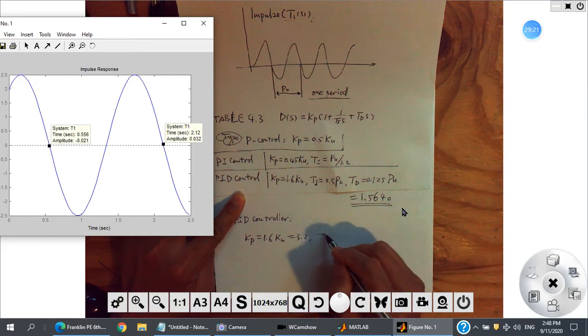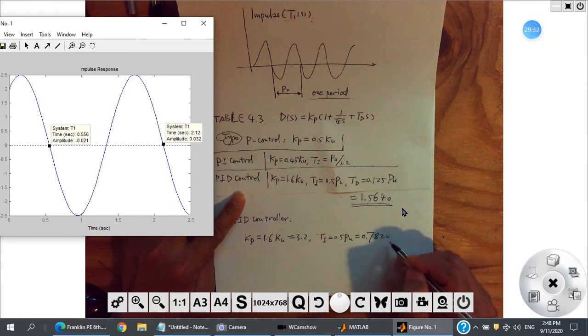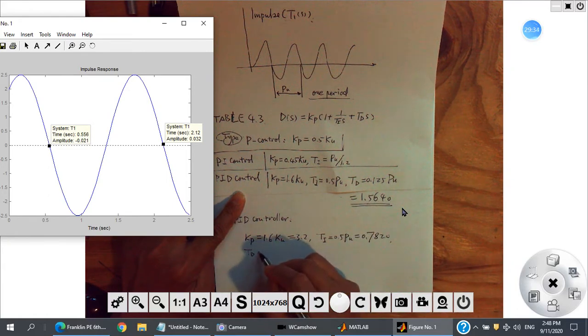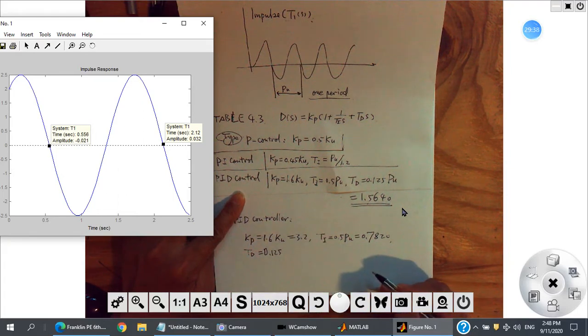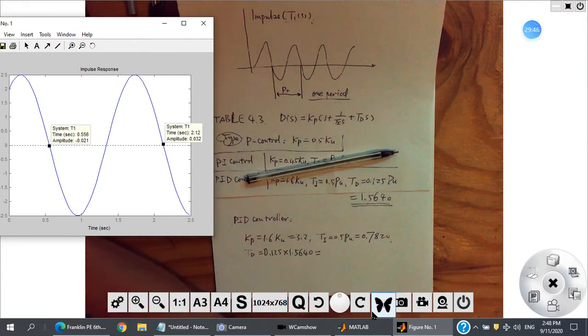And TI will be half of PU, half of this, so it will be 0.7820. And TD is 0.125 times PU. PU is this one, 1.5640. I need to calculate.